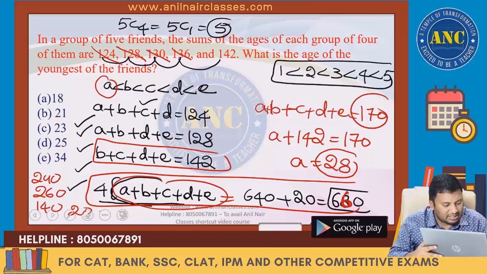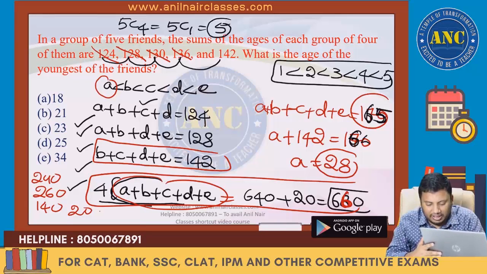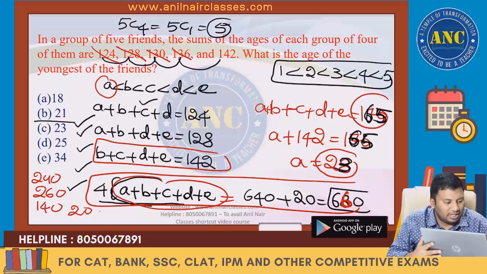If it is 660, what will it become? 165. I hope the mistake is clear. A plus 142 is 165. A value is 23.